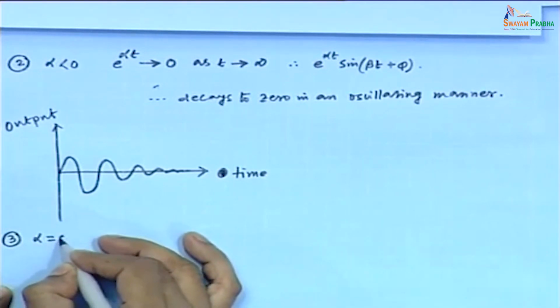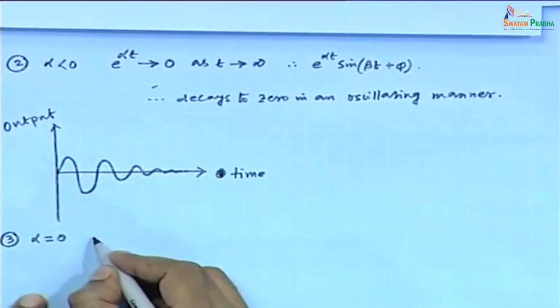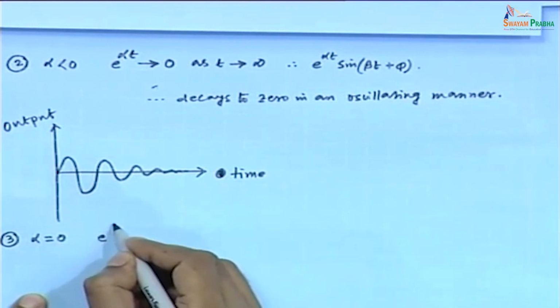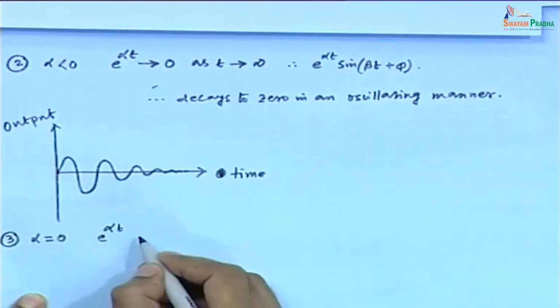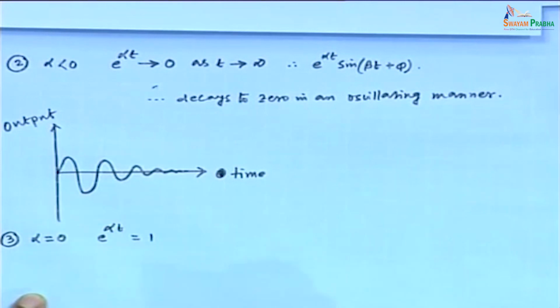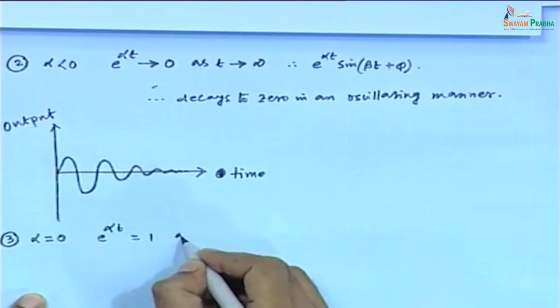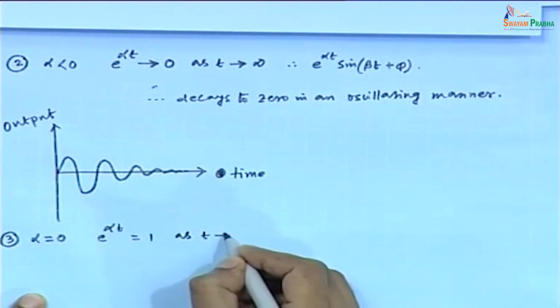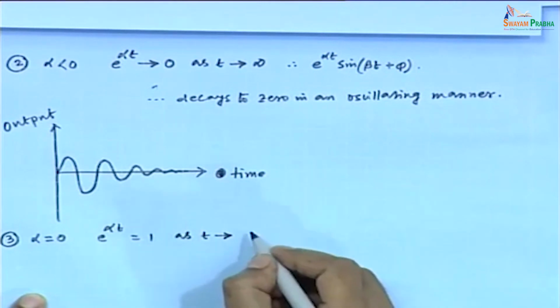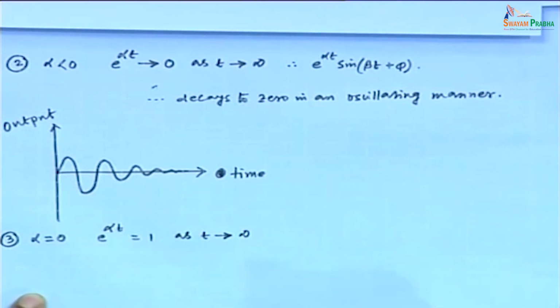And next we will consider alpha equal to 0. If alpha equal to 0, then the exponential of alpha t equals 1 as time tends to infinity.